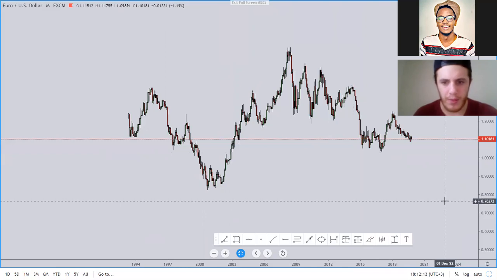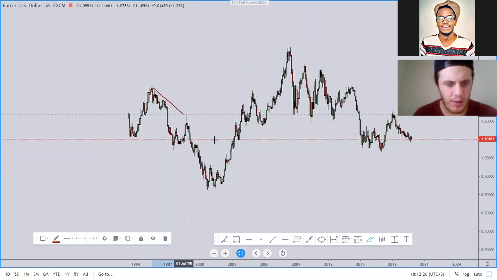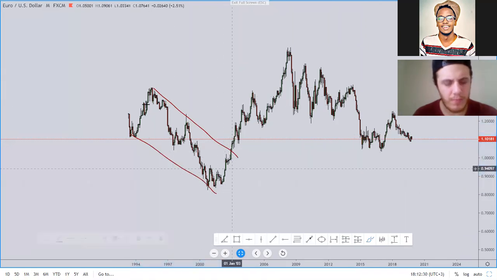What we see with EUR/USD is that the very first thing that comes into my eyes is this phase. This phase is a phase of liquidation.